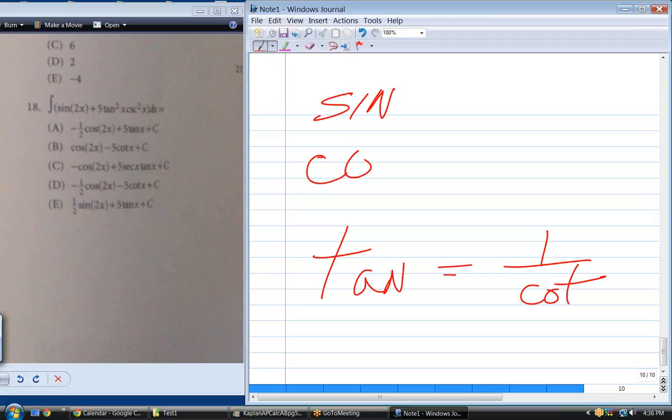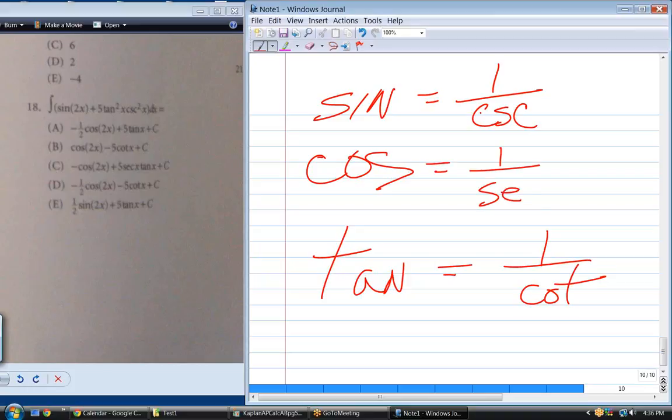And then the only question becomes, which does the secant go with, sine or does the cosecant go with sine? Well, I need to have a co in every pair. So that's the way I remember it. Secant can't go with sine. They wouldn't have a co. Okay?